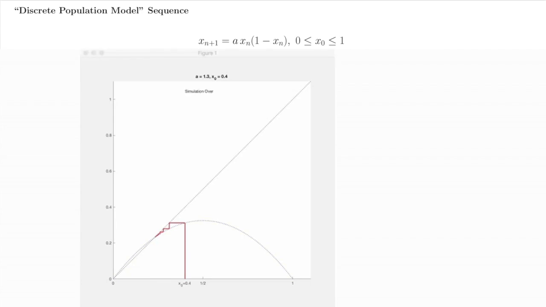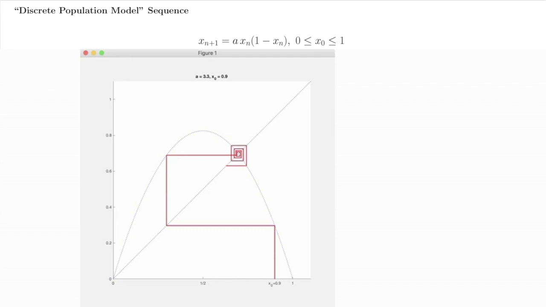Whereas if I start over at 90% of saturation, we quickly die off. Later, when we have higher parameter values, we could see this behavior as a population which never really stabilizes on the carrying capacity, but kind of bounces back and forth between undercapacity and overcapacity.